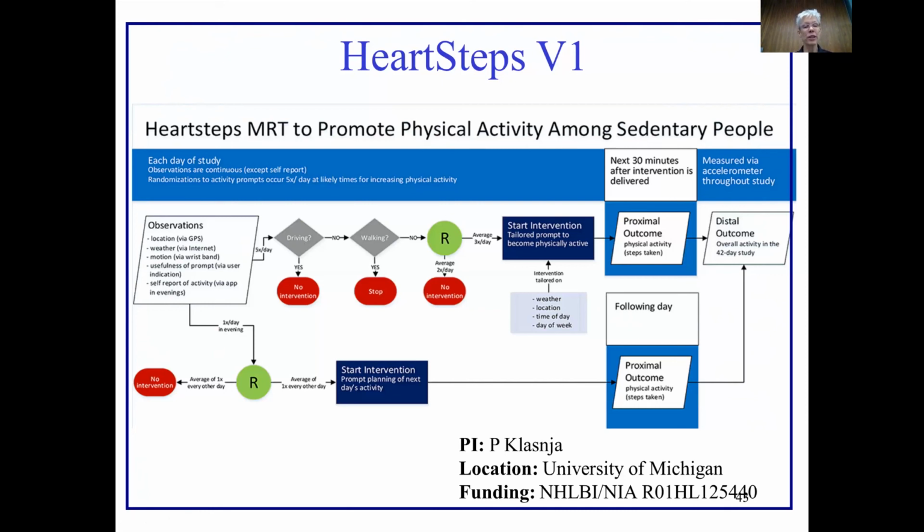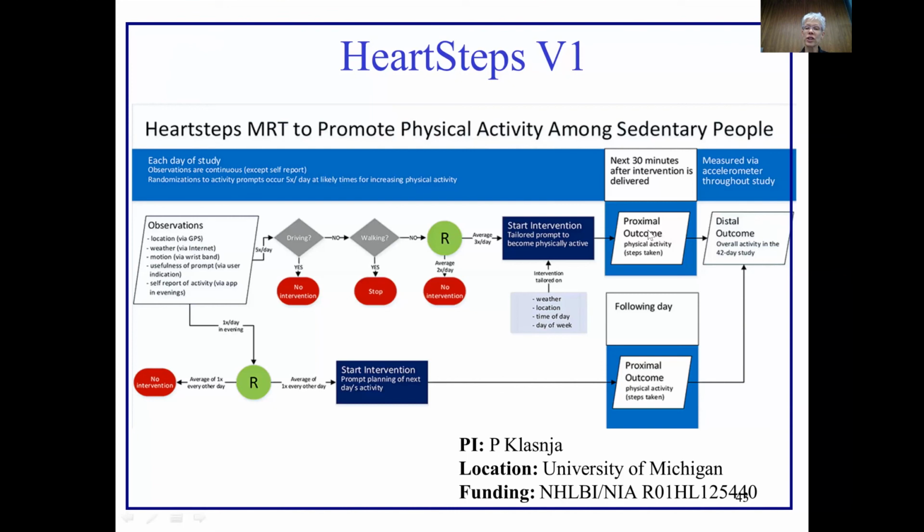If they're not driving, then you assess, are they walking? If they're not walking, then you randomize them. Once we ran the study, we actually increased the randomization probability to 0.6. So that's why it says three times a day. When we were planning the study, we thought the randomization probability would be lower.